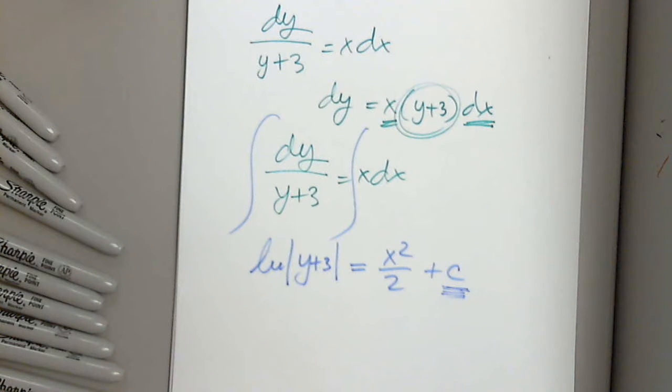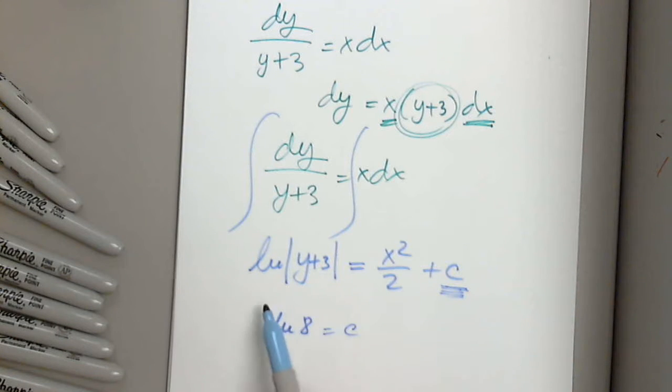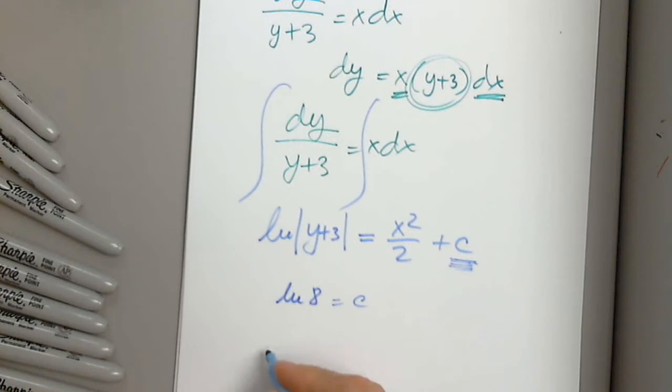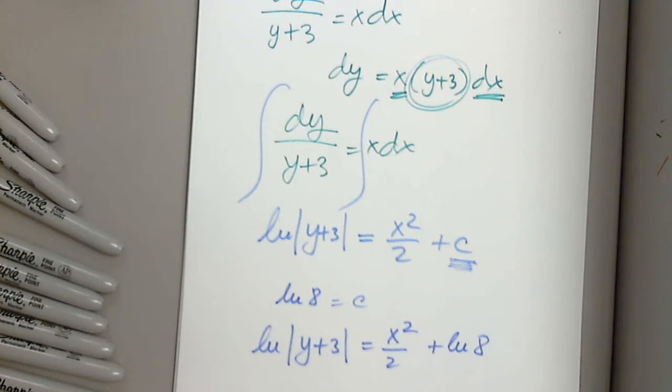Why am I given this? To find a constant, right? This is the natural log of 5 plus 3. So 5 plus 3 will be 8. So this is natural log of 8. It doesn't need parentheses. Equals c, because when x is 0, y is 5. So then we have natural log, the absolute value of y plus 3 equals x squared over 2 plus natural log 8.